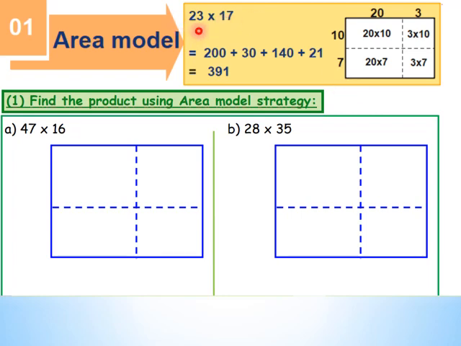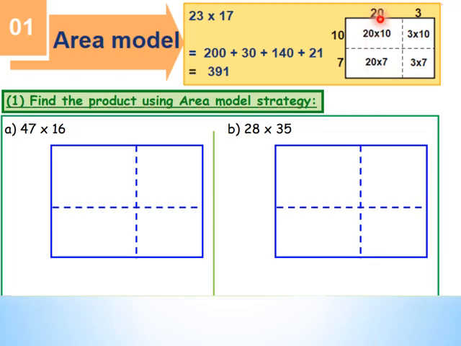So if I have 23 by 17, 23 will be the length of the rectangle, and it will be split into 20 and 3. And 17, I consider it on the other side as the width, and I split it into 10 and 7.